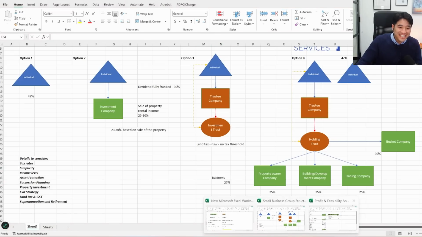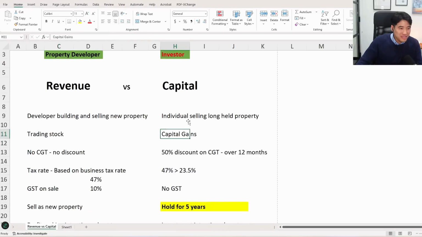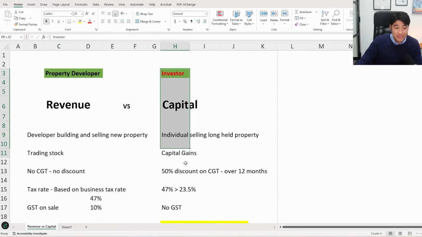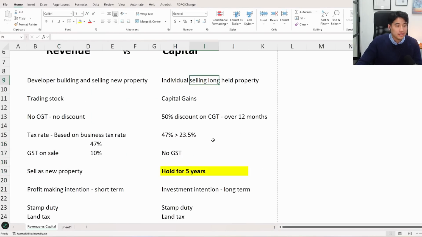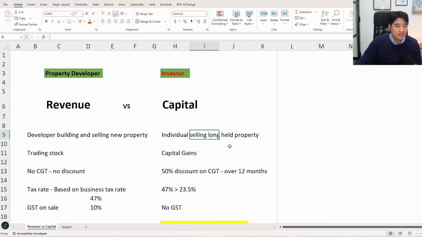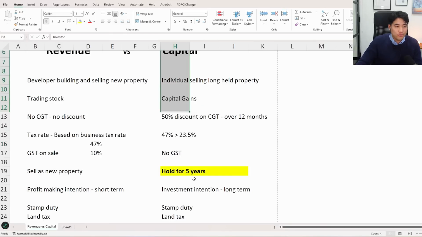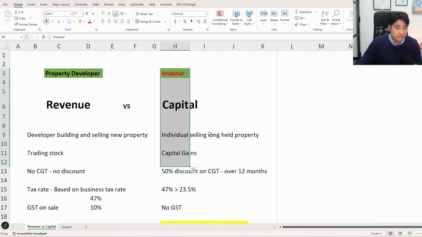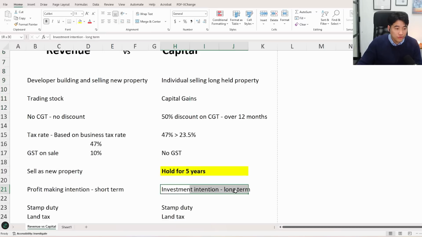But basically, we talked about it, which was you need to work out if you're classed as an investor or a property developer. So if you are holding the asset with the intention of renting it, then technically you're doing it for investment purposes, not profit making. So your tax rate will be 30% because you're holding it for investment.